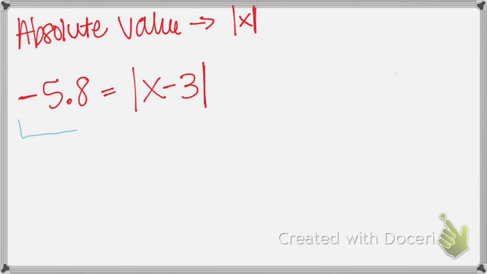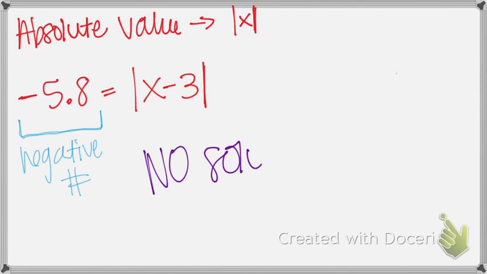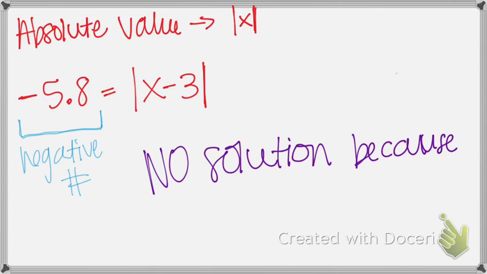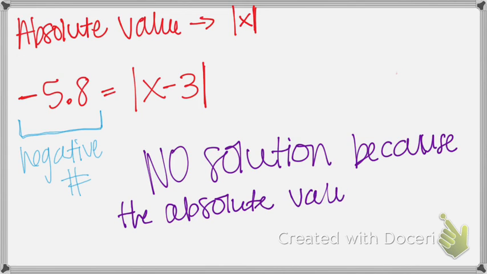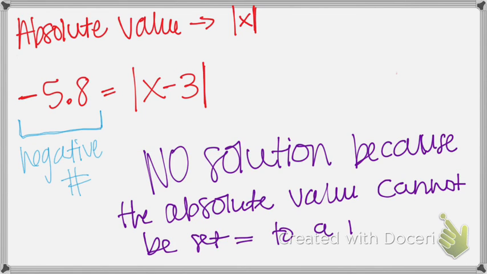But notice the number that it's set equal to is a negative number. Okay? This solution right here is automatically no solution because the absolute value cannot be set equal to a negative number.